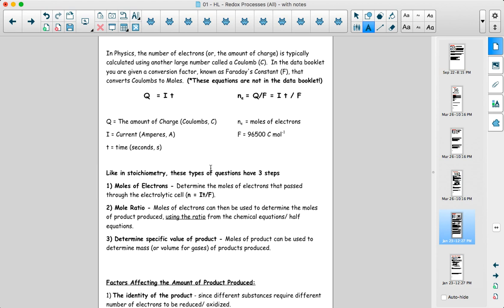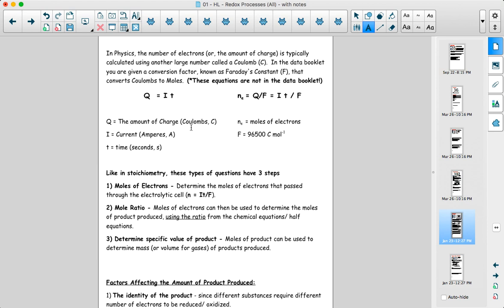In physics, if you want to calculate the amount of charge that has run through a circuit in a given amount of time, you need to know the current, which is the rate at which the electricity is flowing. That has the unit of amperes or amps, the symbol is A, and you need to know the time in seconds. If you multiply the current times the time in seconds, you will know the amount of charge in the unit of coulombs. Coulombs is like the electrician's mole. It's a very large number of charges.